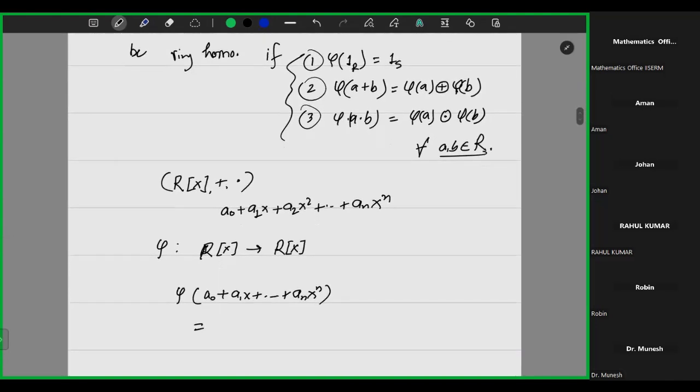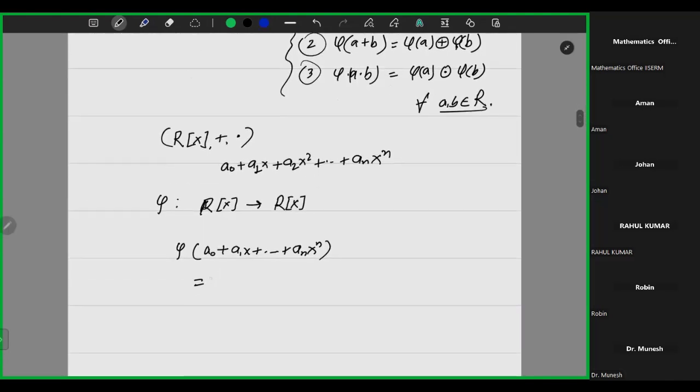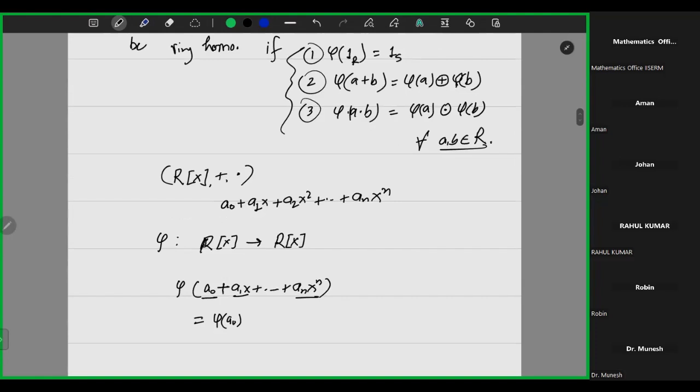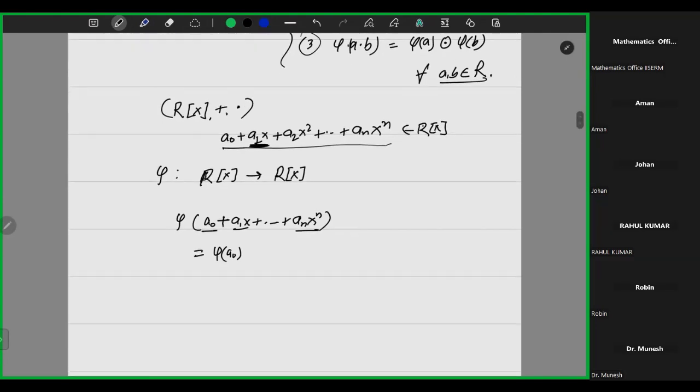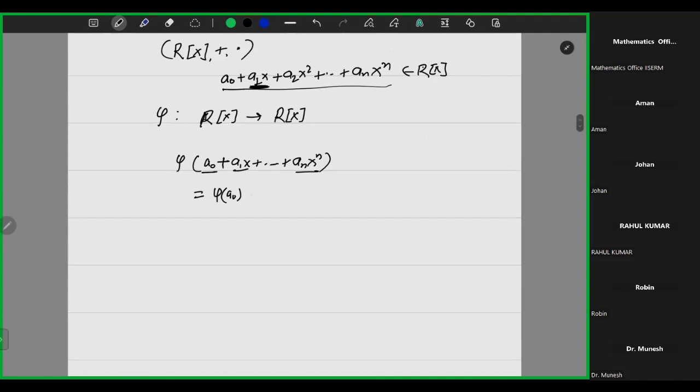We use property 2 to write it as phi of a naught, because a naught is also a polynomial. These are all elements of R[x] and their sum is also in R[x]. So we can write phi of a1 x and so on, phi of an x power n.